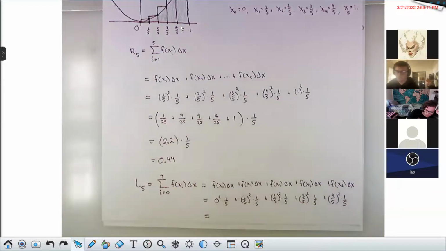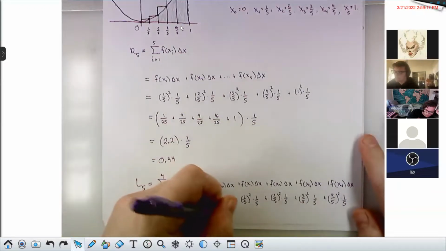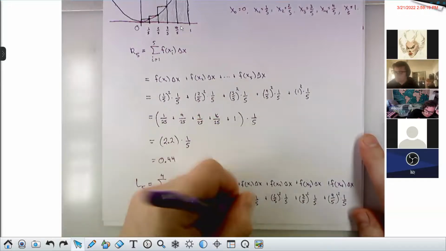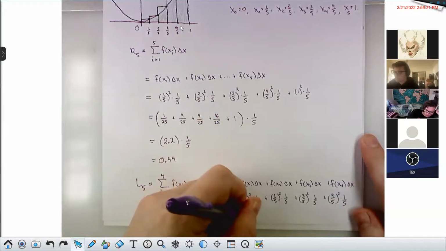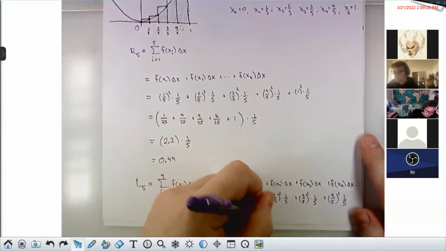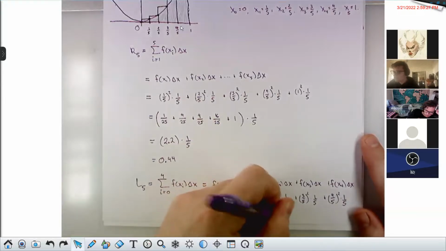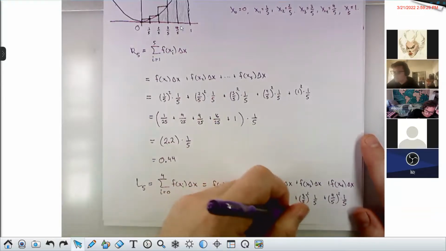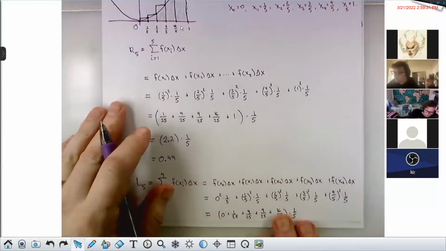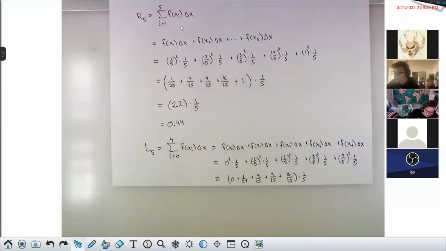So again, factoring out the 1/5, we get 0 plus 1/25 plus 4/25 plus 9/25 plus 16/25 all times 1/5. And again, no shame in using a calculator for the arithmetic at this stage.